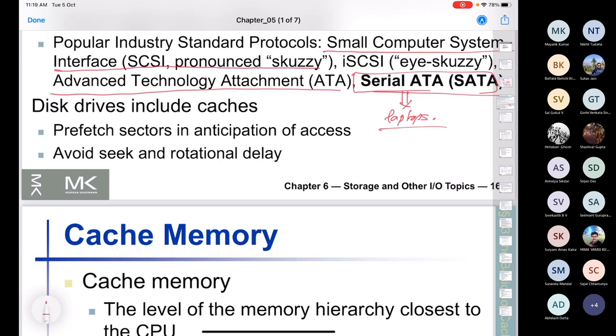So that the next time the process comes in and says, oh, give me the next amount of data, it can immediately transfer. For example, you are watching a movie that is there on your hard disk. The entire movie file, an HD movie, is say 6 GB. You cannot load the entire movie file on your DRAM in one go because your operating system itself is taking up probably 1 GB of space.